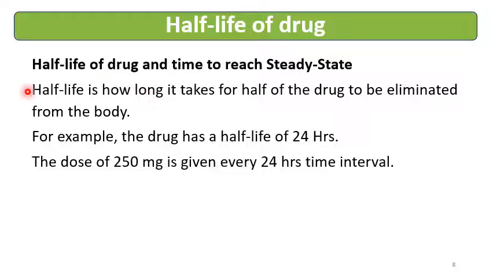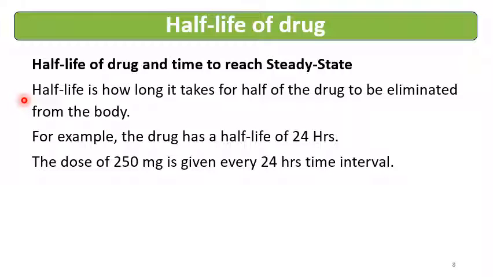Now half-life and time to reach the steady state. How much time is required to attain the steady state? That depends on the half-life. Half-life is how long it takes for half of the drug to be eliminated from the body.